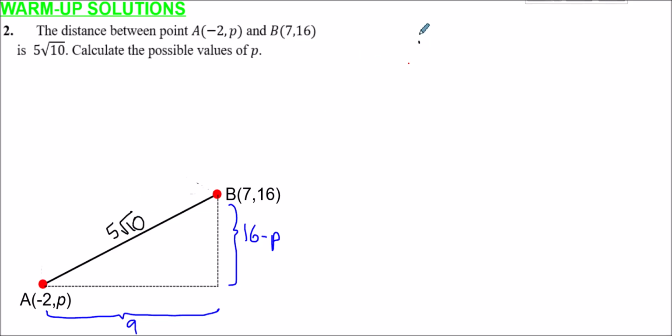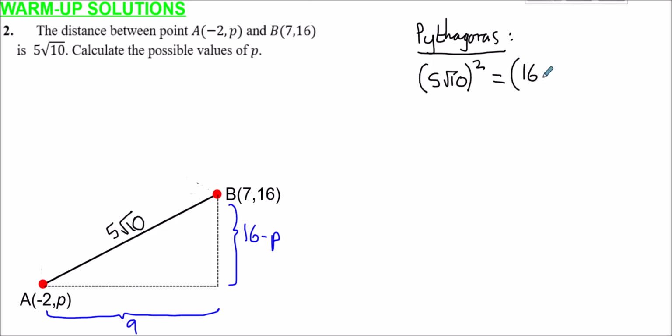So if we just apply Pythagoras to this scenario now, this side squared, the hypotenuse squared, is going to equal this side squared, 16 minus p all squared, plus the other shorter side, which is 9 squared.